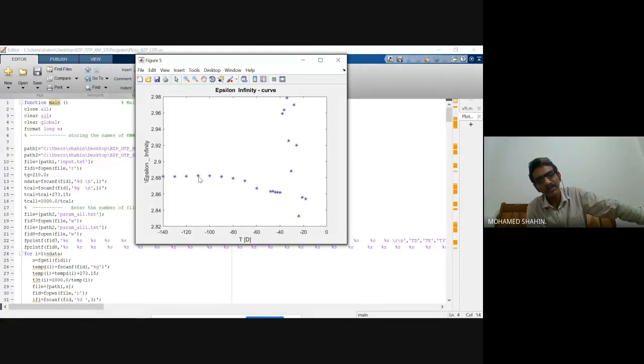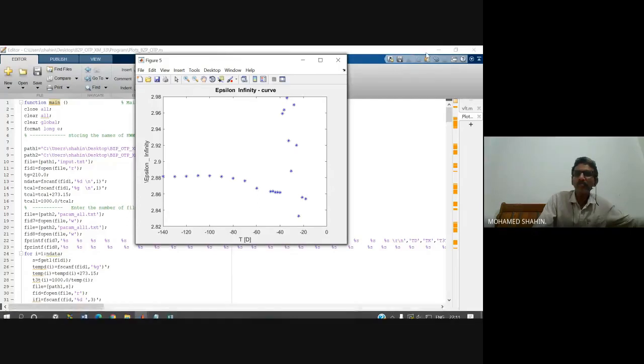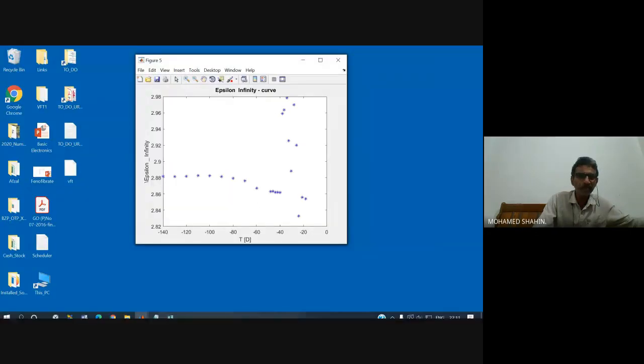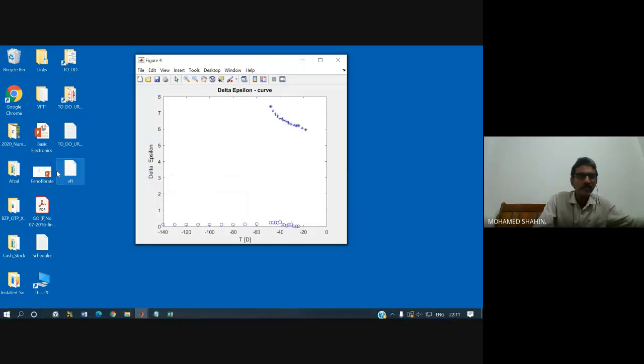So naturally, the number of dipoles rotating inside the capacitor would be coming down. Because of that, it should come down. But what will happen is you will get something like this. Whenever you see this, you have to bring all of this somewhere here. I'll tell you the reason.